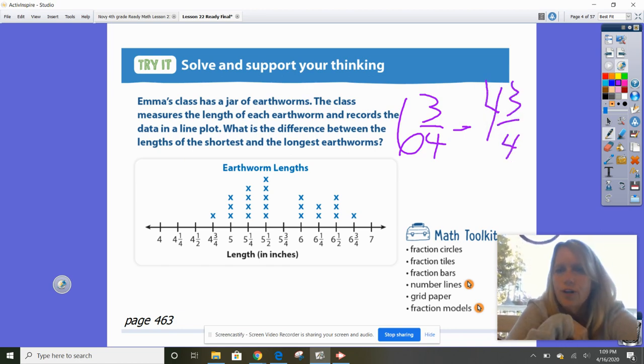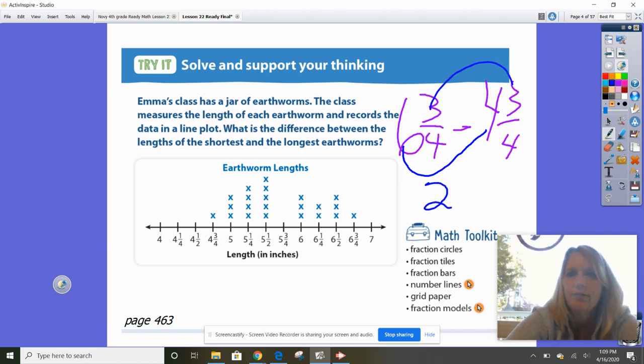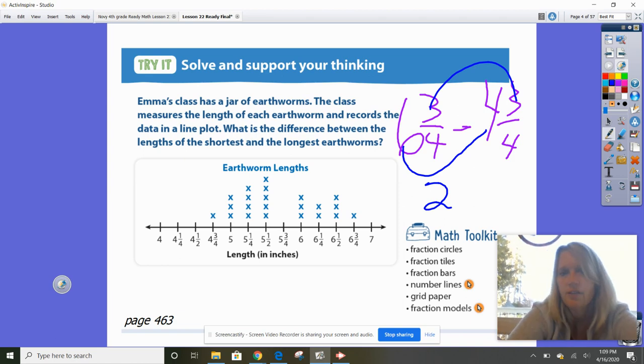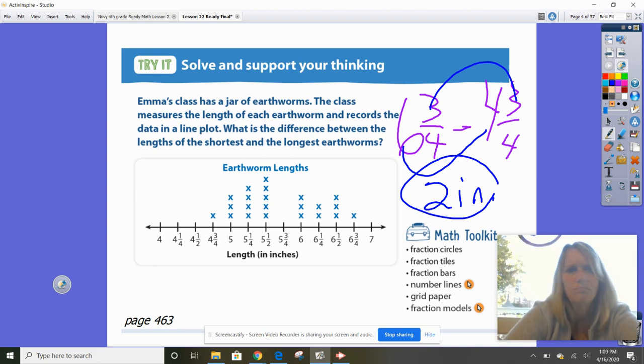Since they're both in quarters, I'm thinking the easiest for me is just to take the wholes, 6 minus 4, and we get 2 inches. And then 3/4 minus 3/4 is nothing, so it would be 2 inches. Got to make sure I put inches there. Check and see if you did. So I'm just doing it number style, but there are many ways to solve it.